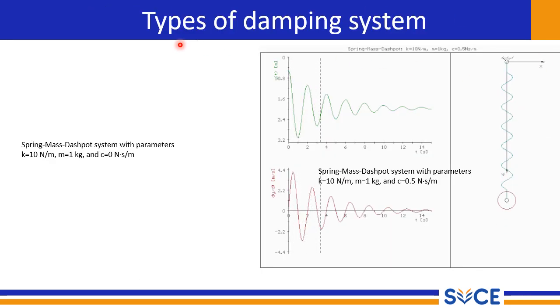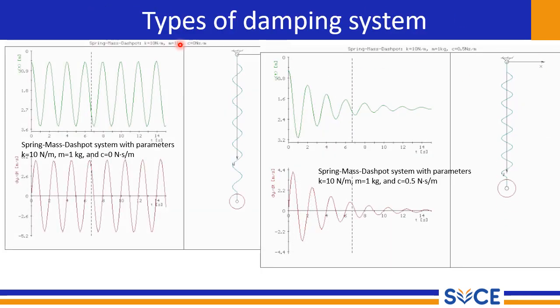Let's start by examining the basic parameters of the system. We have a spring with a spring constant denoted as K, a mass M, and a dashpot with a damping coefficient C. These parameters influence how the system responds to external forces.